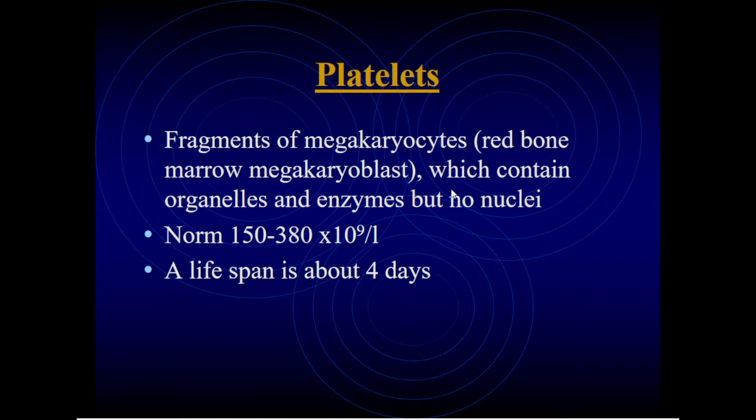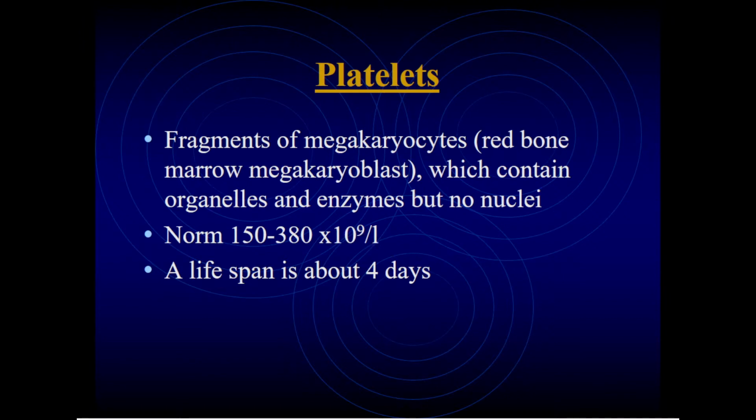The normal platelets count in blood ranges between 150 to 380,000 per cubic microliter of blood, or 150 to 380 times 10 power 9 per liter.